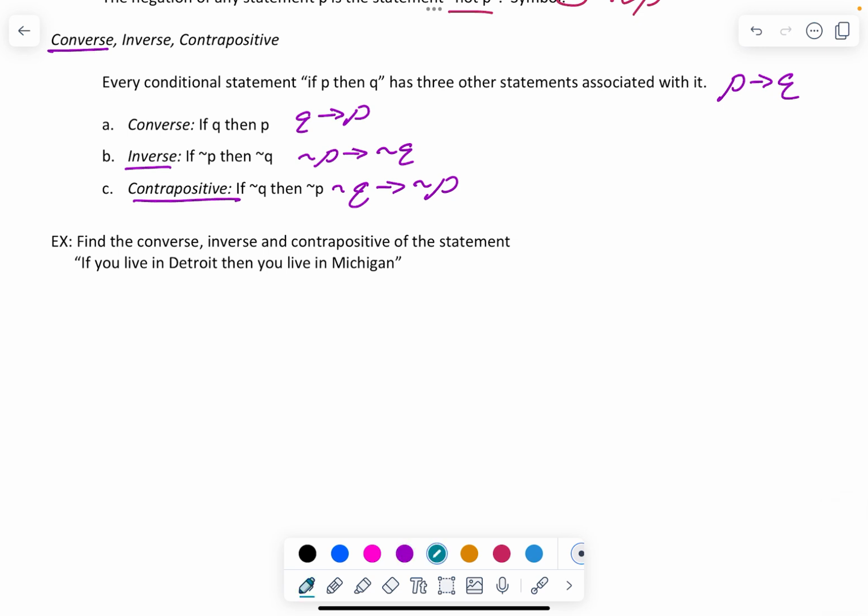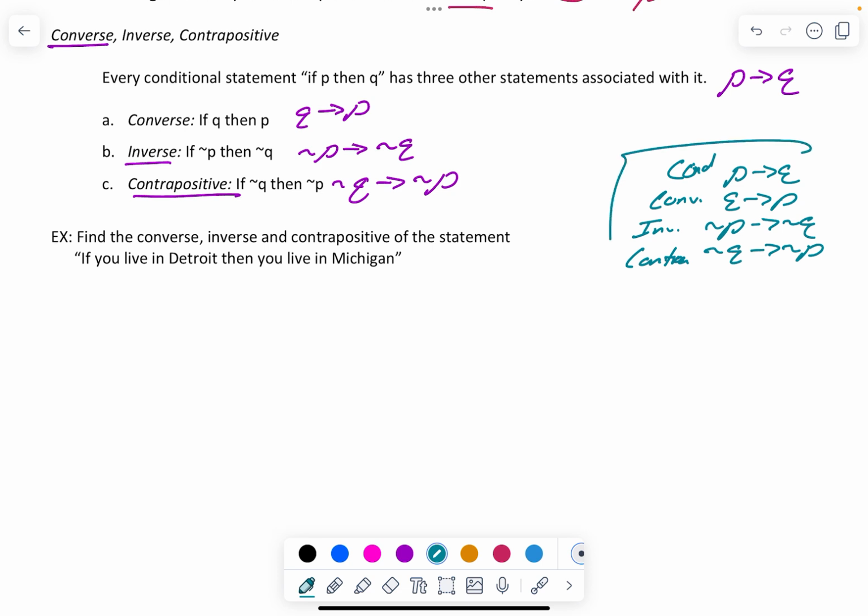If I was taking a quiz or a test, I would probably write this on the top of my paper: conditional, converse, inverse, contrapositive, contra. Just to give myself a little key there, right?